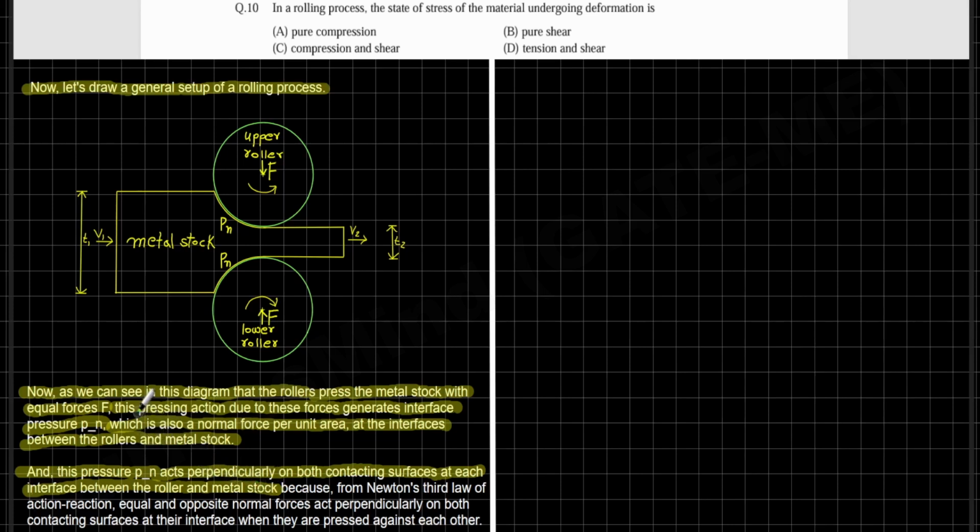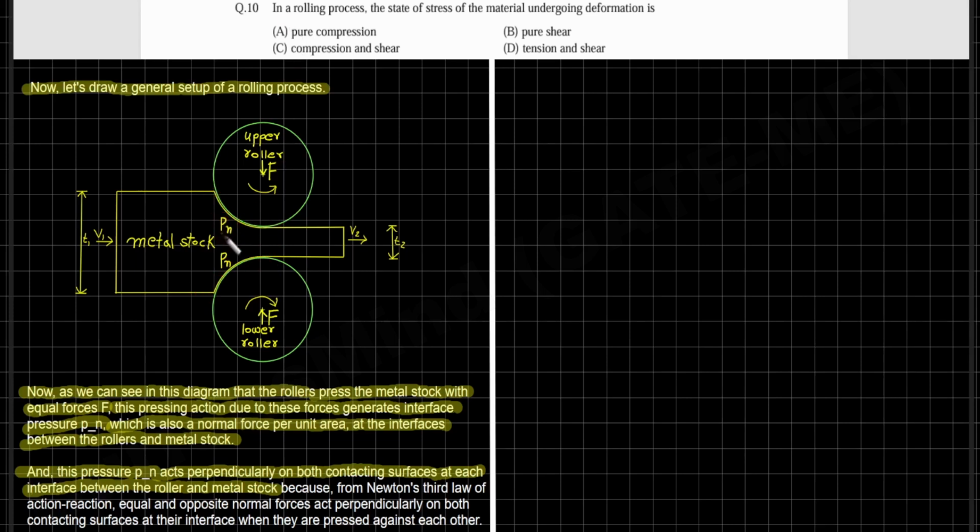Alright, so the pressure Pn acts perpendicularly on both contacting surfaces at each interface between the metal stock and the rollers. And this pressure Pn can vary along the interface.